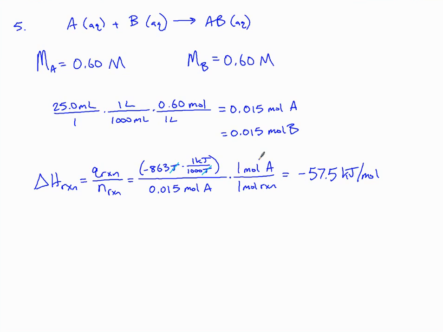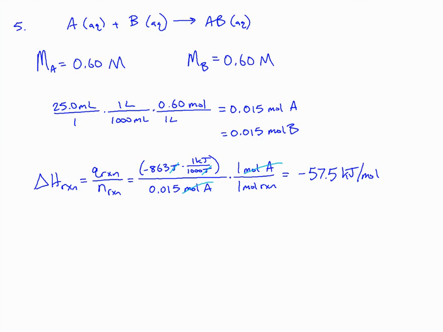For every 1 mole of A, the reaction happens once. And when it's 1-to-1, you don't really have to write it down. But there are some reactions where you have coefficients, and it's going to be important for you to understand what's going on. So moles of A cancels out, and we end up with kilojoules per mole of reaction.